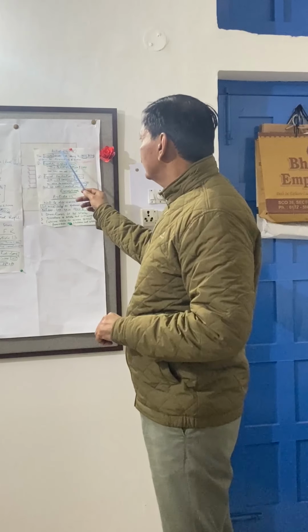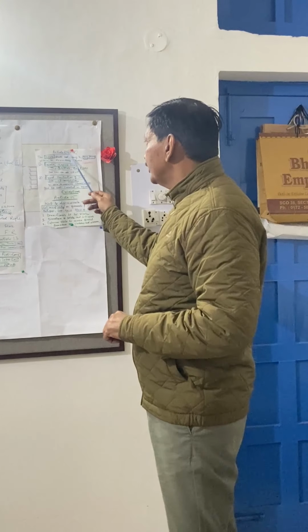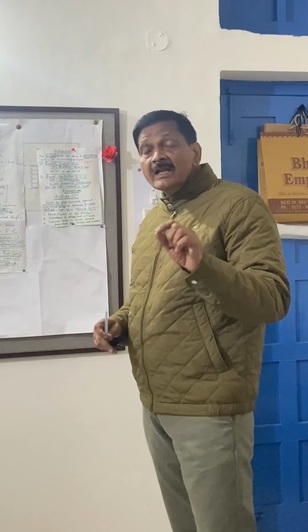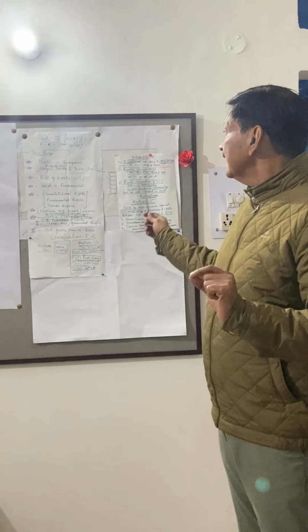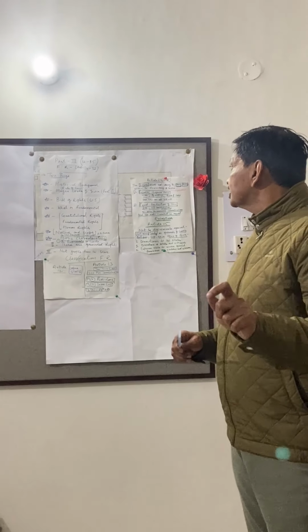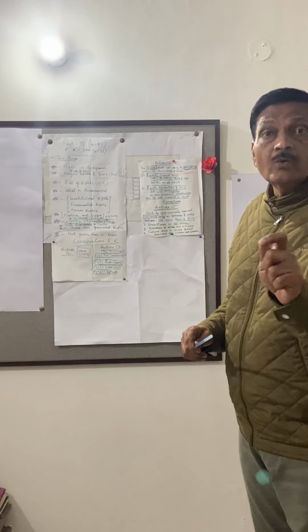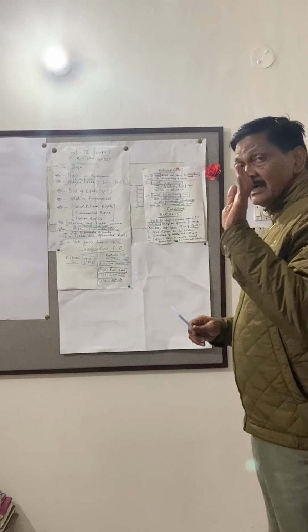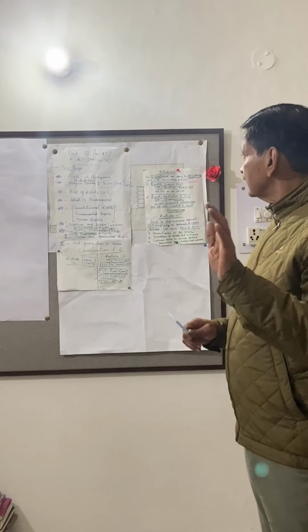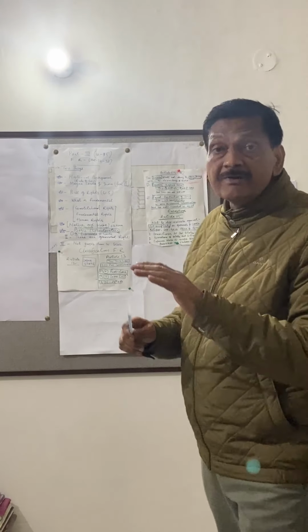The articles incorporated under this right are from 14 to 18. Now, you can note down the definition. What does Article 14 say? It says, the state shall not deny to any person equality before the law within the territory of India.